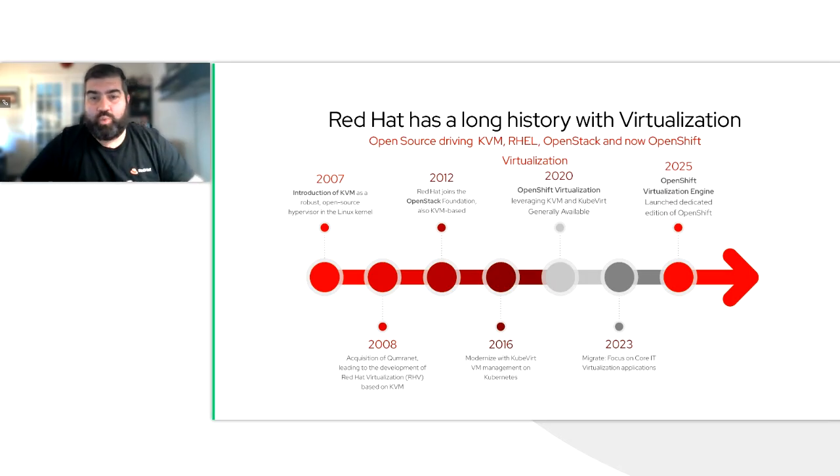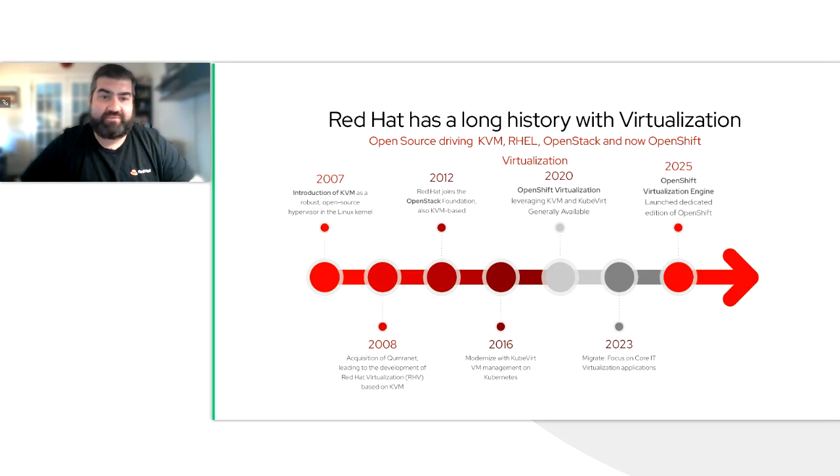One thing to understand with Red Hat OpenShift virtualization is that while a lot of people are currently being newly exposed to this technology, it's actually been around for quite a long time. If you look at the history on this timeline, you'll see that OpenShift virtualization is based on KVM, a robust open source hypervisor introduced to the Linux kernel back in 2007.